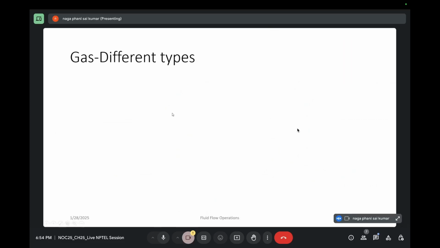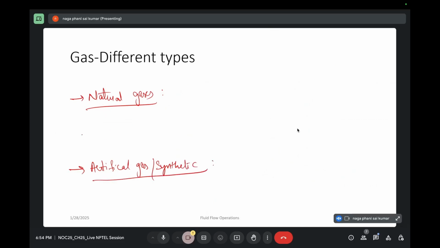And now coming to types of gases, we have two different types. First one is natural, which are present in nature, as the name suggests, and then we have artificial or synthetic gases.